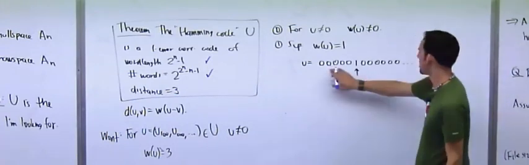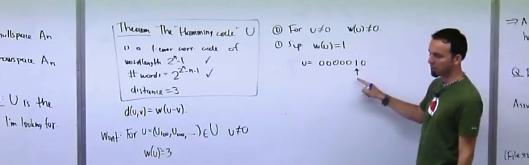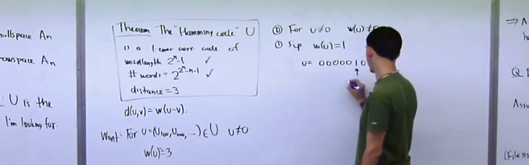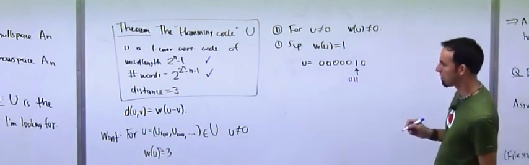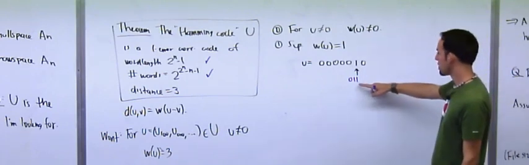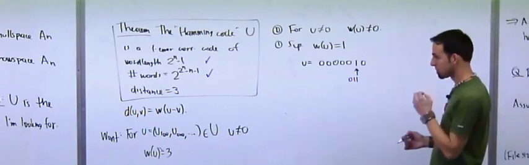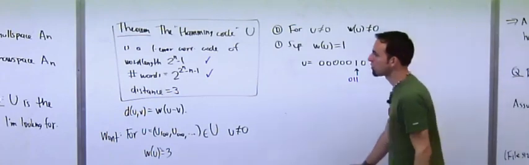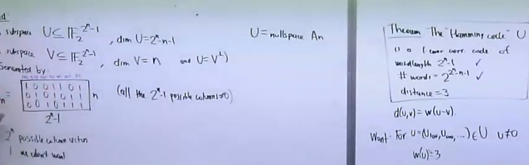So the length here is 7. This coordinate is labeled by some binary word. I don't know, maybe 0, 1, 1. Is that what I labeled it? Oh, yeah. Well, I'm going to claim that this is impossible. And the reason is this. Let's go back to the null space of this guy and look carefully at what it is.